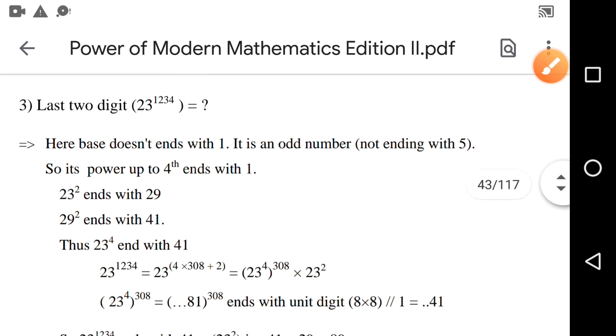Now this method is called repeated squaring, friends. Here in this method we apply the repeated squaring technique and calculate the remainder.